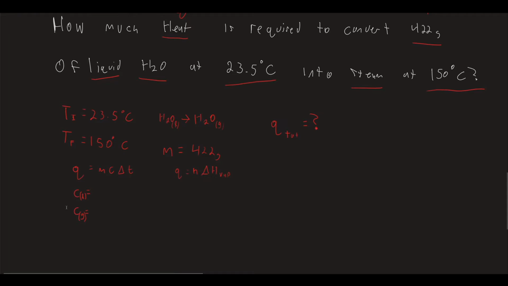Every state has its own specific heat, and that makes sense because think about it. Specific heat is, in a way, the measure of energy required to raise the temperature of a compound.